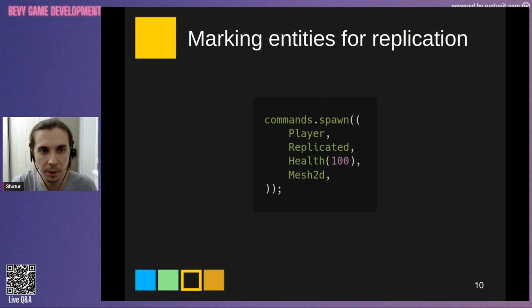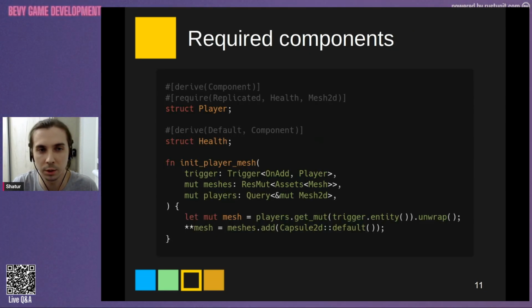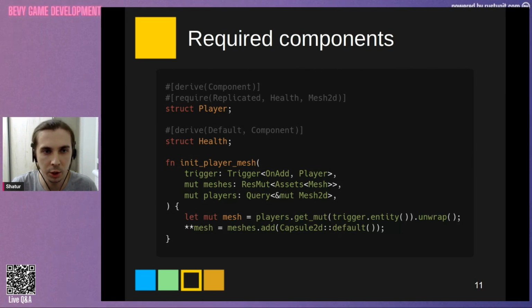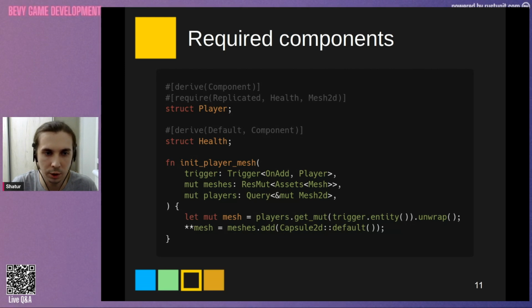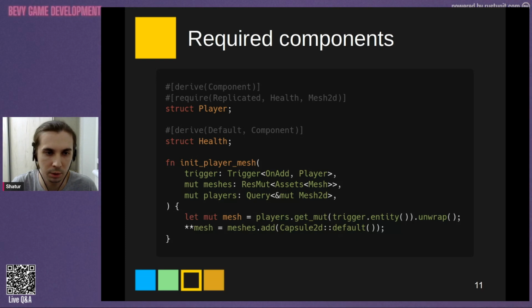The answer is simple. Bevy recently introduced required components, which is just an awesome tool for it. In this example, I create a player and assign mesh as a required component for it. I inserted Replicated in here because I want all players to be replicated. So I just mark it as a required component, and all players will be automatically replicated. And then on insertion, I create a special trigger, and I listen for player additions or insertions, and initialize the correct mesh.